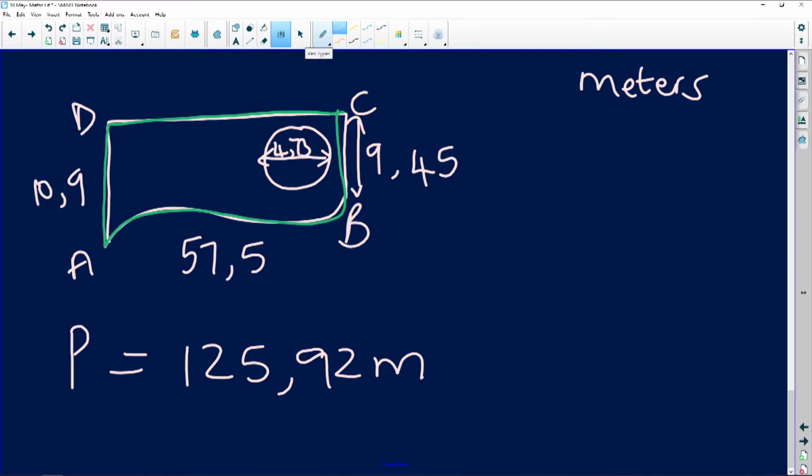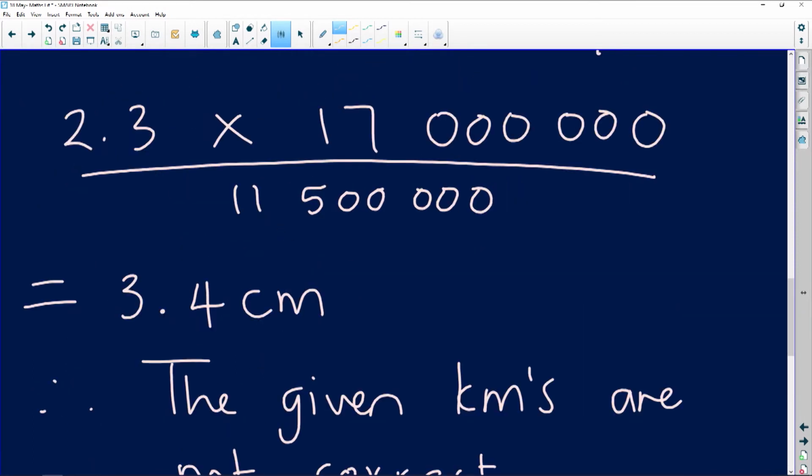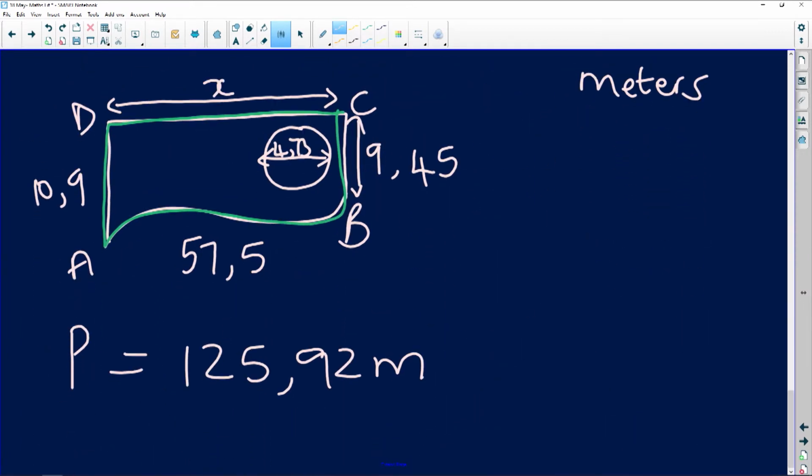So here we've been given the perimeter, and with us being given the perimeter, we are then asked to calculate the distance of CD. There. We want this. I'm going to make this X, our little thing that we are always scared of over there. So we need to find C to D if we've been given that perimeter over there.